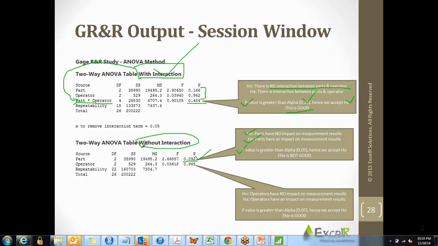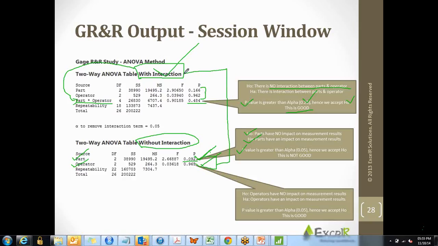And in without interaction, I'll be focusing on part and operator. I want to see how the part is contributing to the gauge R&R, to the measurement results. I want to see how the operator is contributing to the measurement results separately. And then I want to see whether there is any interaction between part and operator.